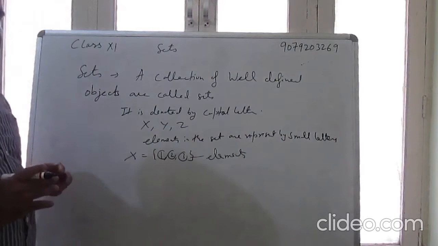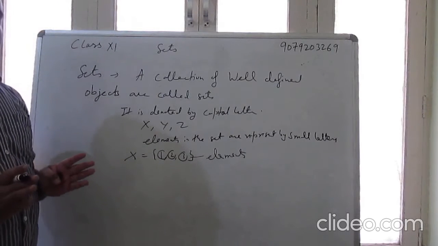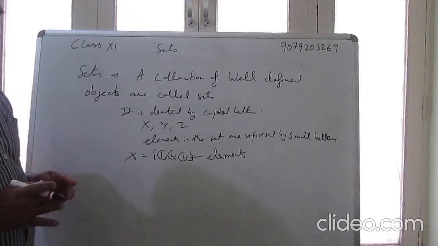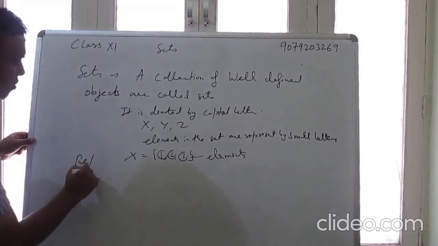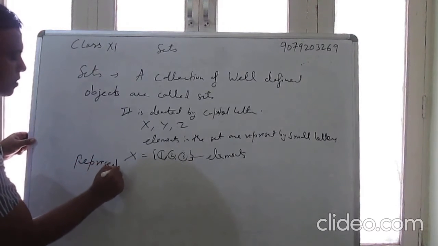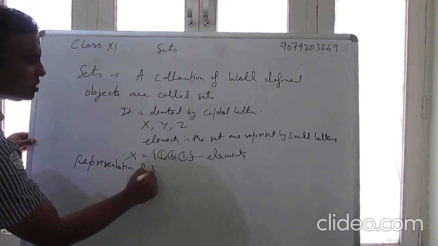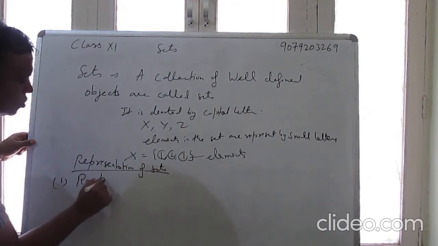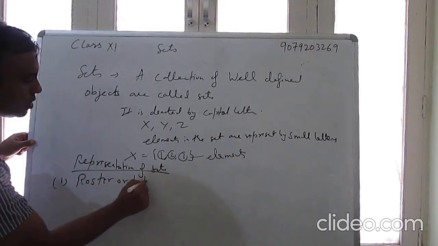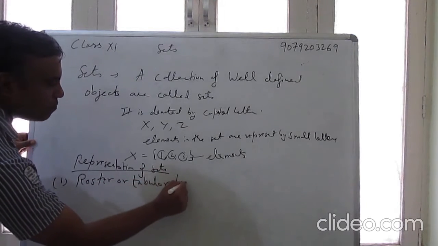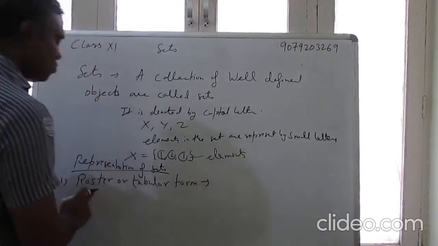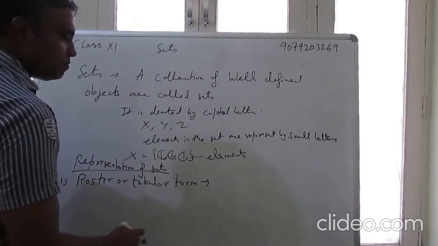We represent a set in two ways. One is roster or tabular form, the other is set builder form. First, the roster or tabular form.